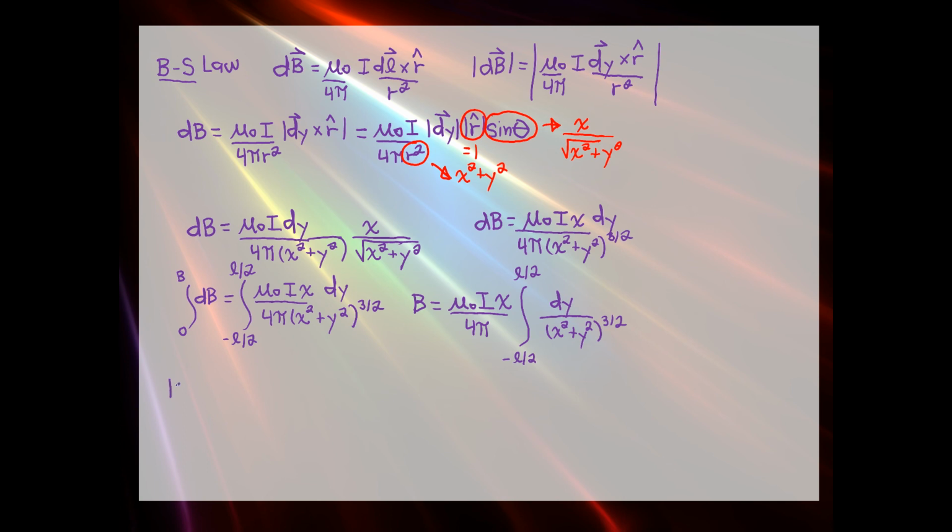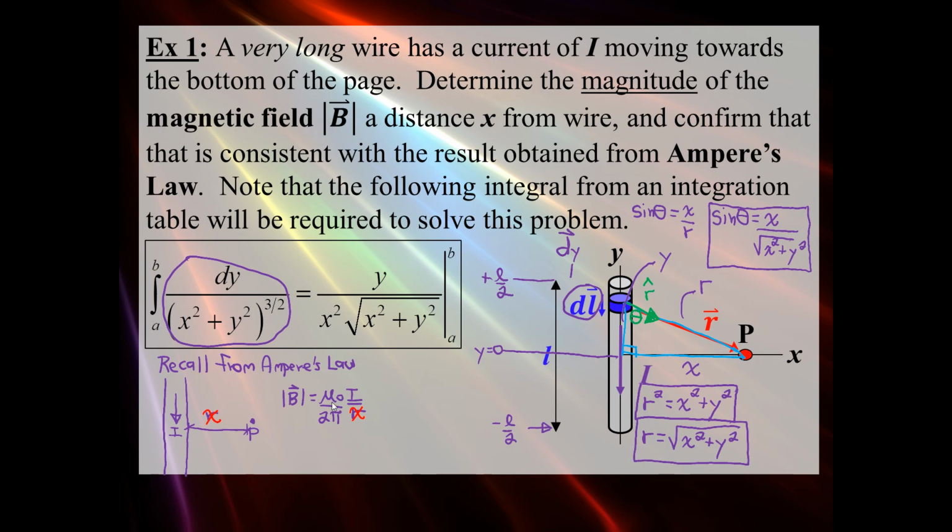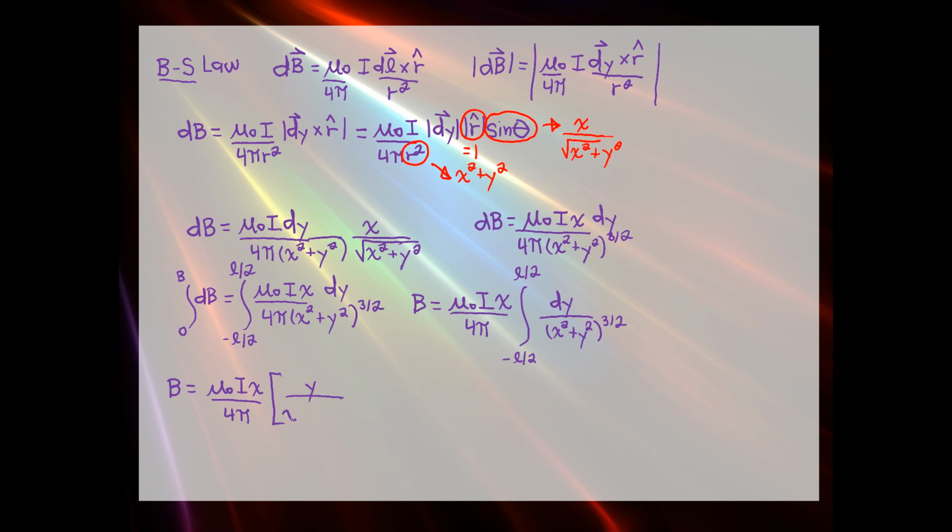So that would be B equal to mu naught Ix divided by 4 pi. And then this is going to turn into y over x squared times the square root of x squared plus y squared.